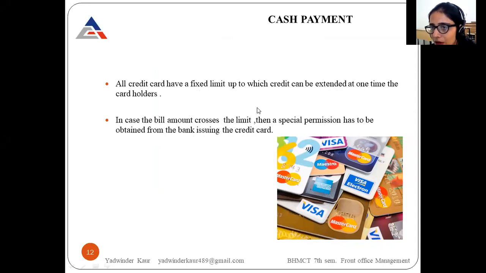As we all know, we have credit limits on credit cards also, right? So if the bill amount crosses the limit, special permission has to be obtained from the bank issuing the credit card, right?